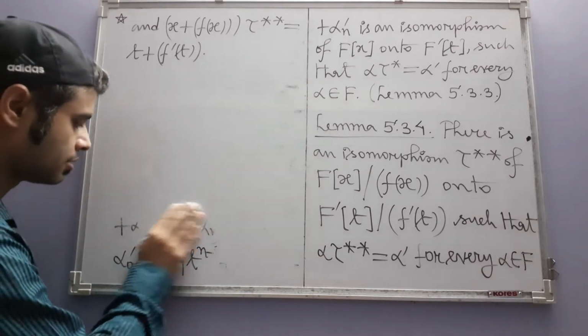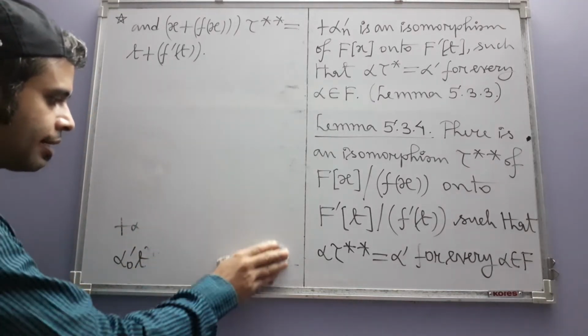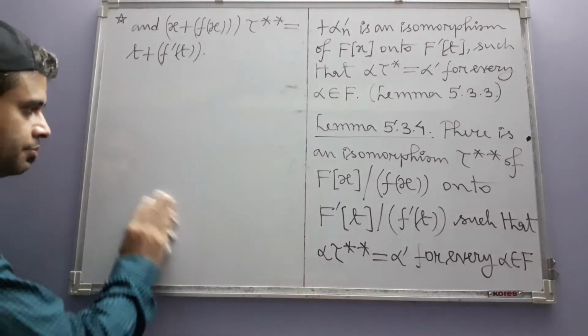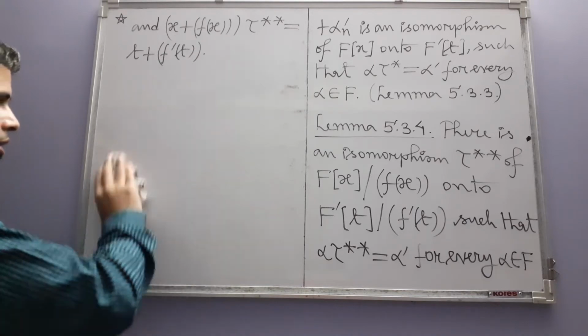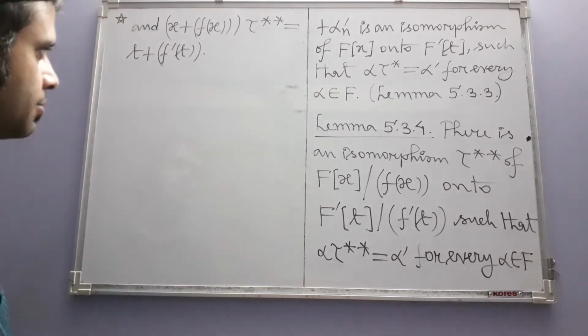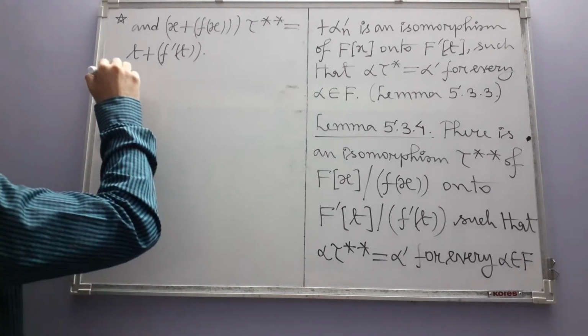Note that this statement actually does not have the definition of tau star star. We have to define it. So we will do that first, and then we will go through the usual steps. So proof.